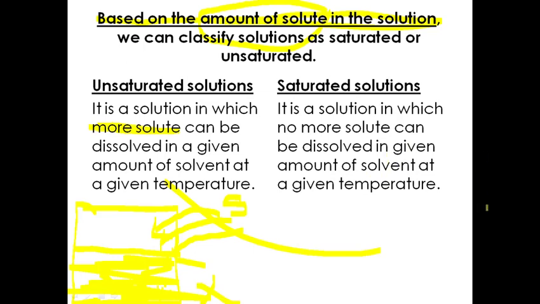Once you start to see sugar down here in the bottom of your glass, after adding 2 to 5 tablespoons of sugar to this unsaturated one, you start seeing this sugar that is not dissolving with the solvent.